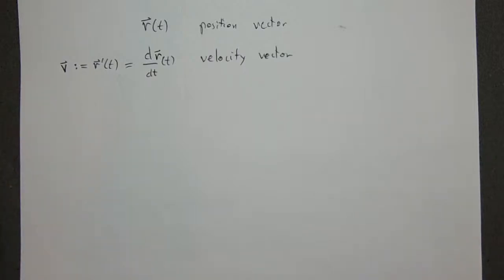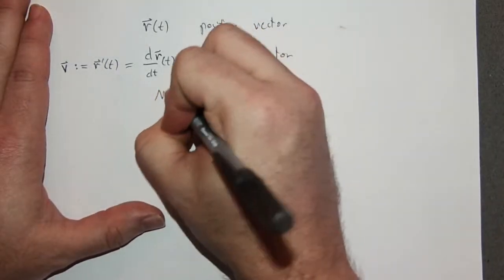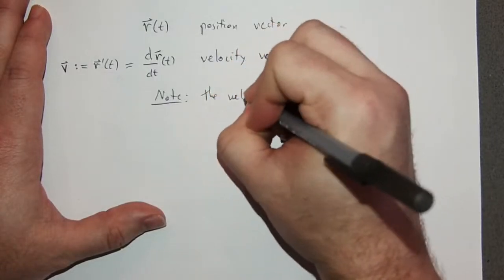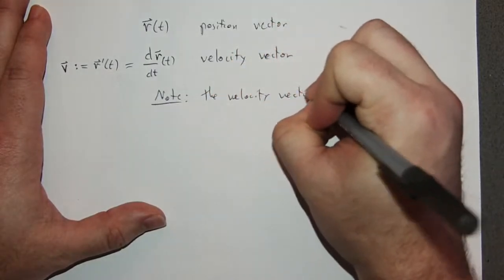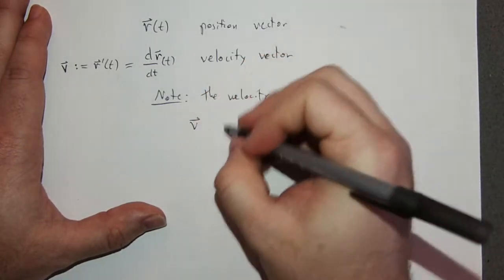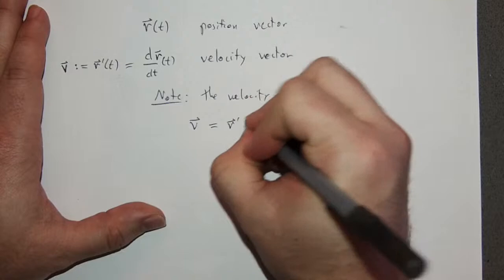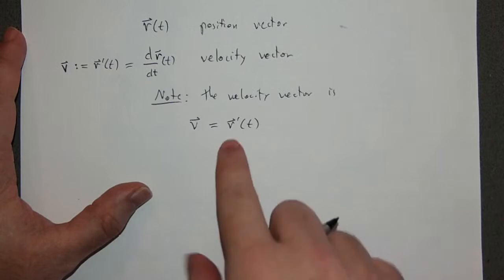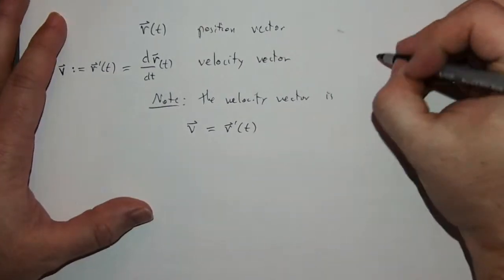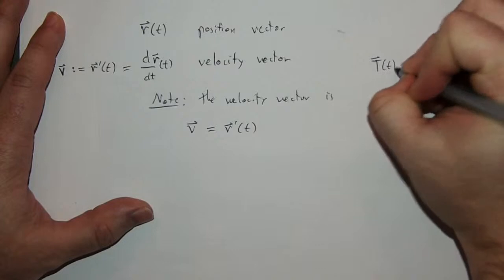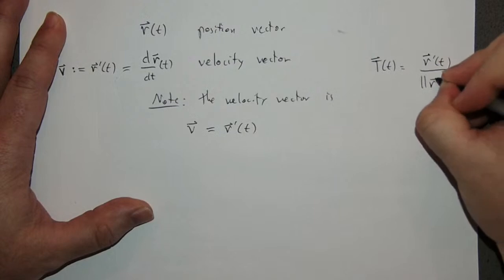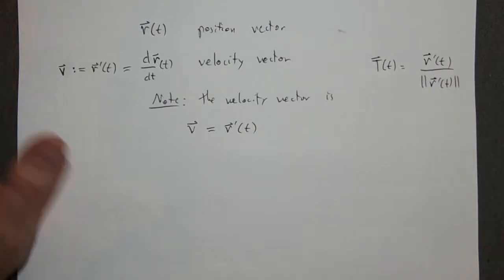Okay. Well, of course, note that the velocity vector is this thing we're calling v, which is r prime of t. But what is r prime of t? Recall that my tangent vector is r prime of t over the length of r prime of t.